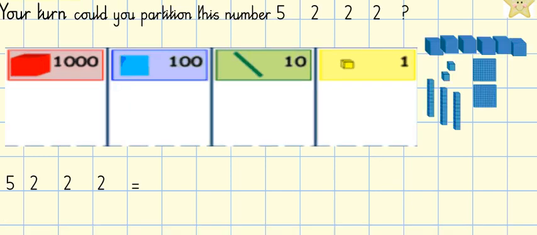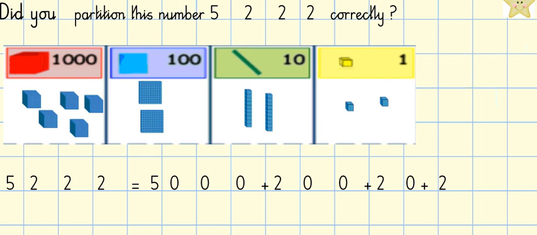It's your turn now. Pause the video and have a go at using your knowledge of place value to partition 5,222. Let's see how you partitioned this number. Did you partition this number, 5,222, correctly? Let's find out.